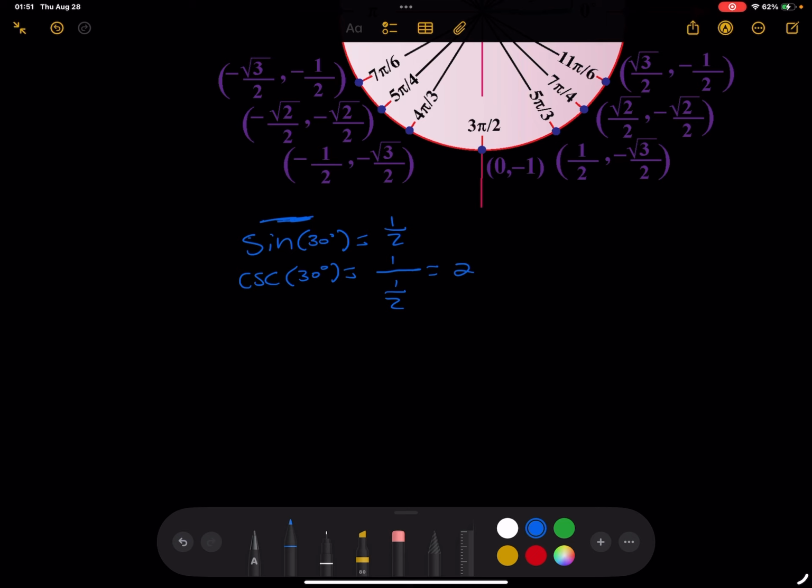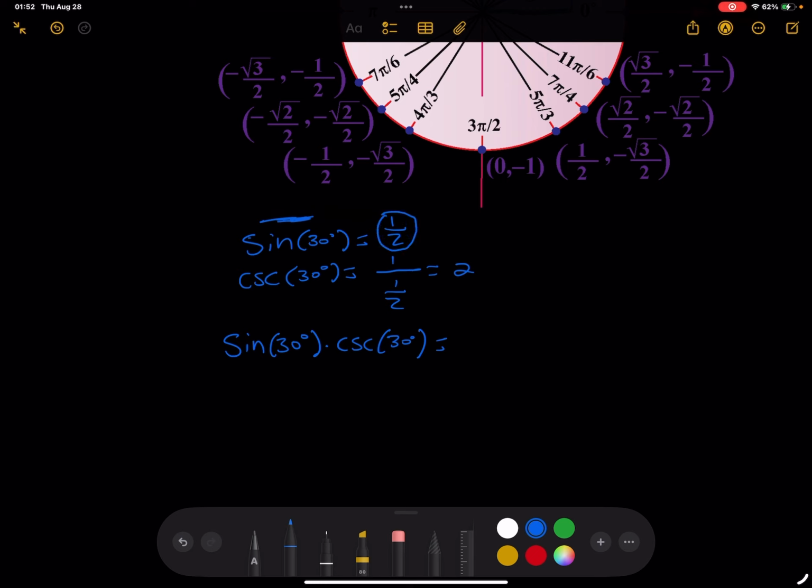So if we actually get these, we have sine of 30 degrees times cosecant of 30 degrees is equal to these two numbers right here that we just got.